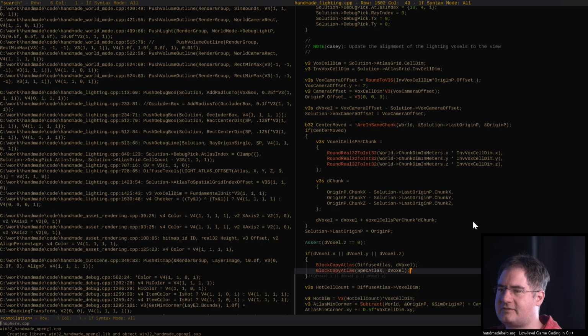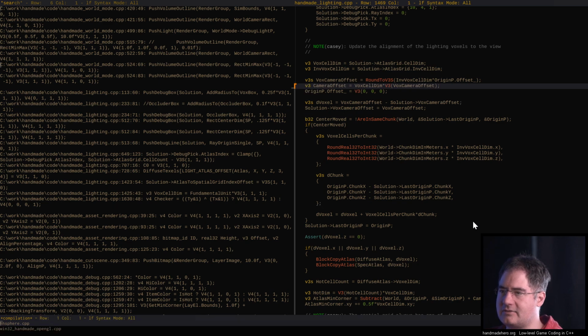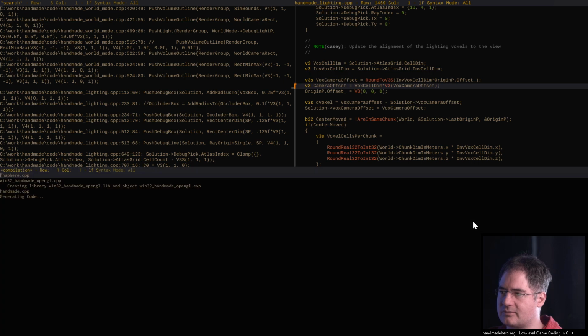You can see the Vox camera offset Y plus 2, that is the hard-coded shift that's baked in there. If that went away, then at least it would be centered.